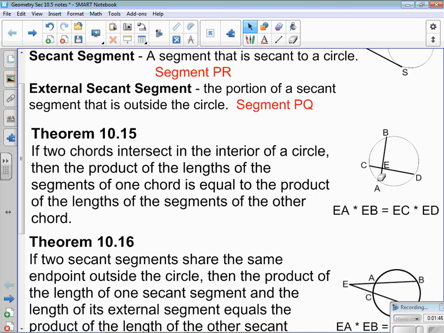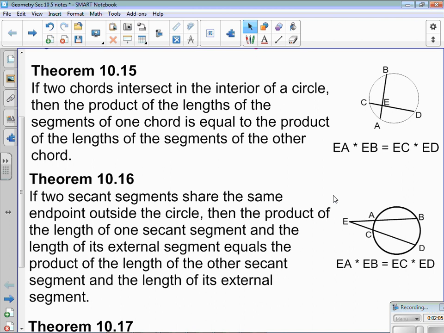So EA times EB is going to equal EC times ED. Where they intersect and break each other into two parts, when you multiply the two parts together, they should be equal to each other.